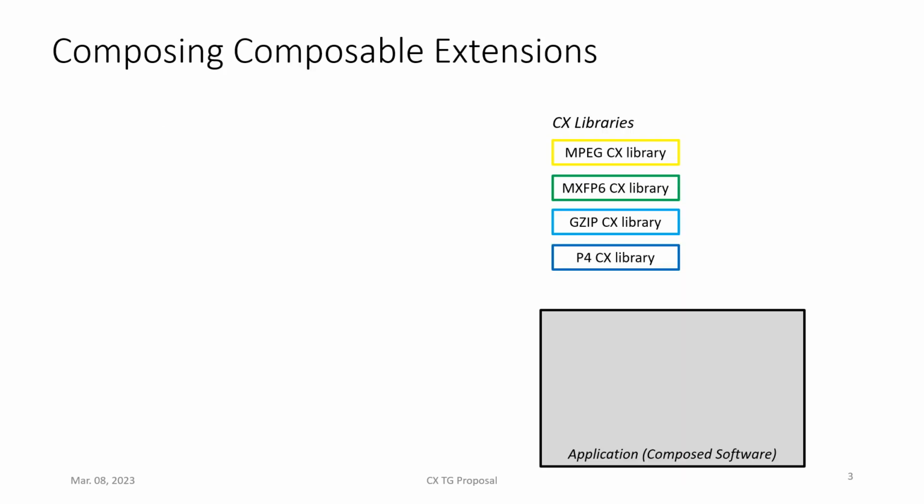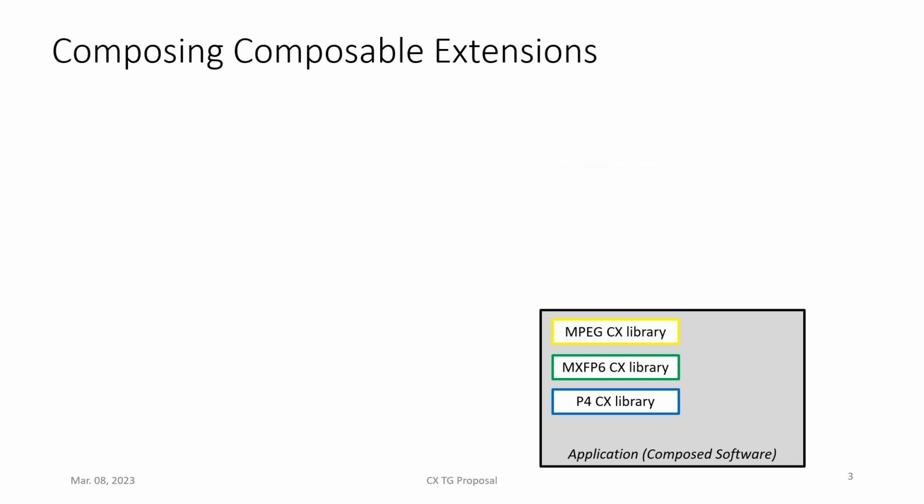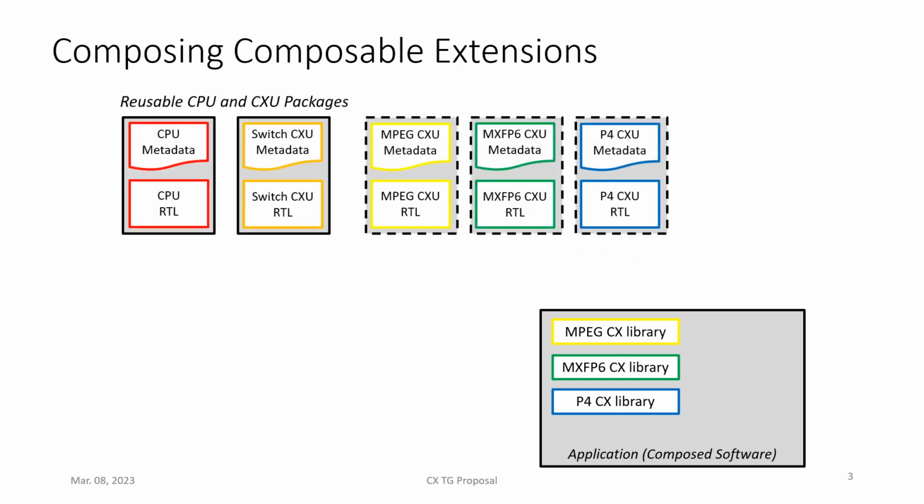Here's an example to illustrate how this might work in practice. As usual, an application is built up from various separately authored software libraries. Here, these specific CX libraries can use various composable extensions custom instructions if implemented in the system hardware. So to build a system with these extensions, we will start with a catalog of reusable composable extension units, CXUs.